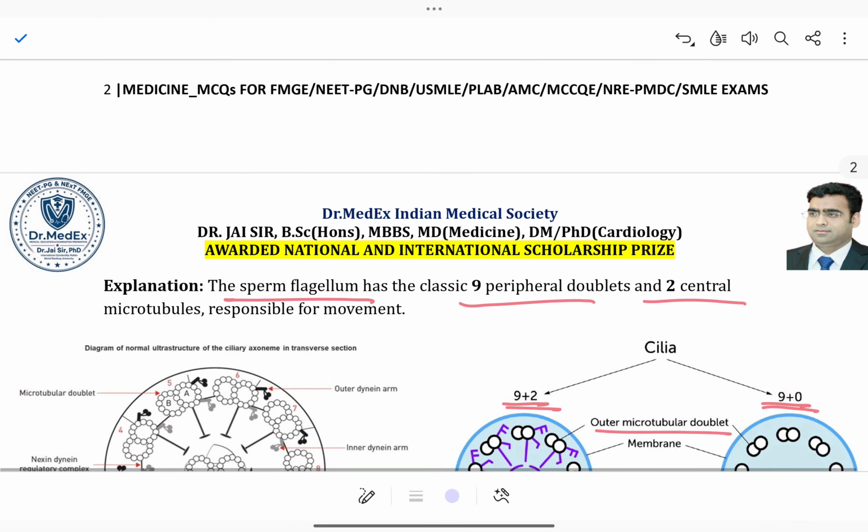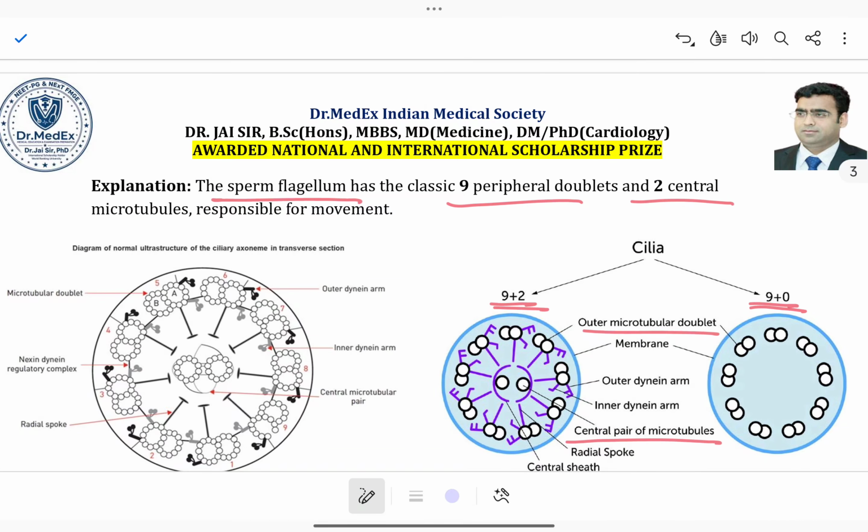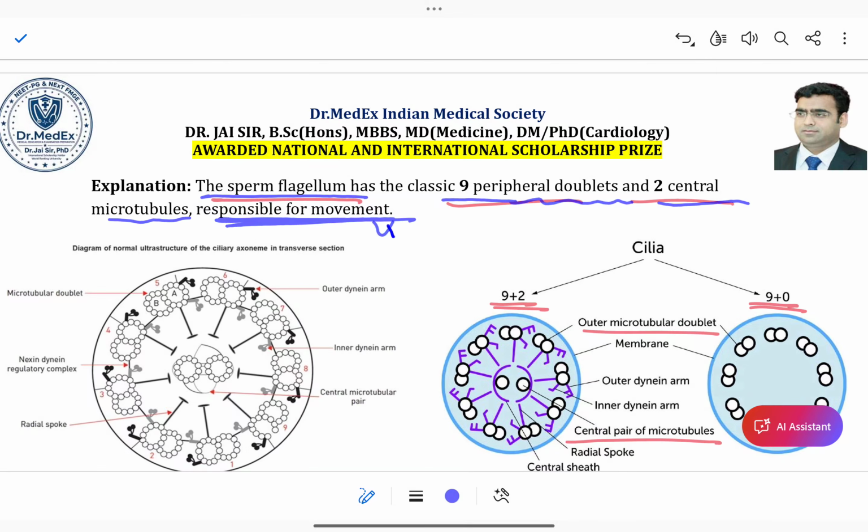Come to the explanation. A sperm flagellum has its classic 9 peripheral doublets and 2 central microtubules responsible for movement. This is the central microtubular pair, inner dynein arms and outer dynein arms.